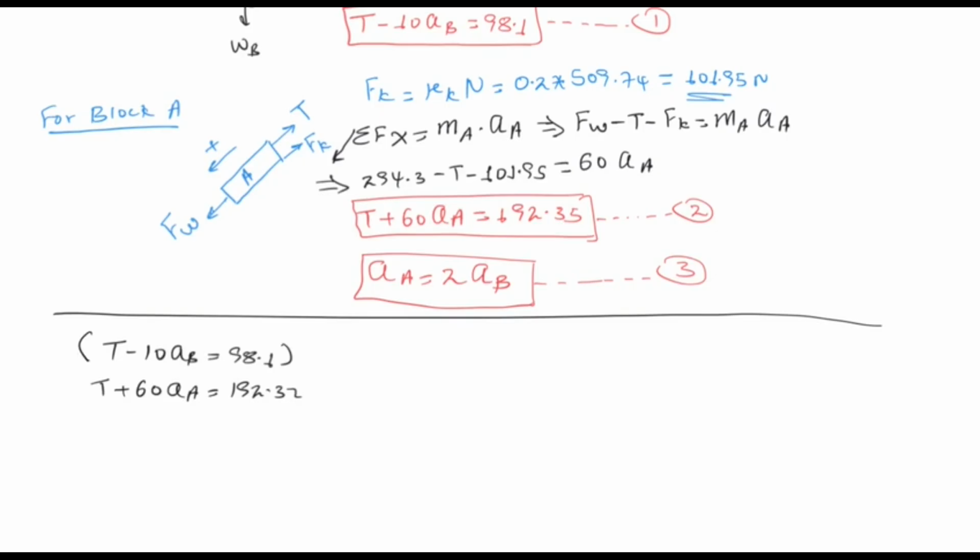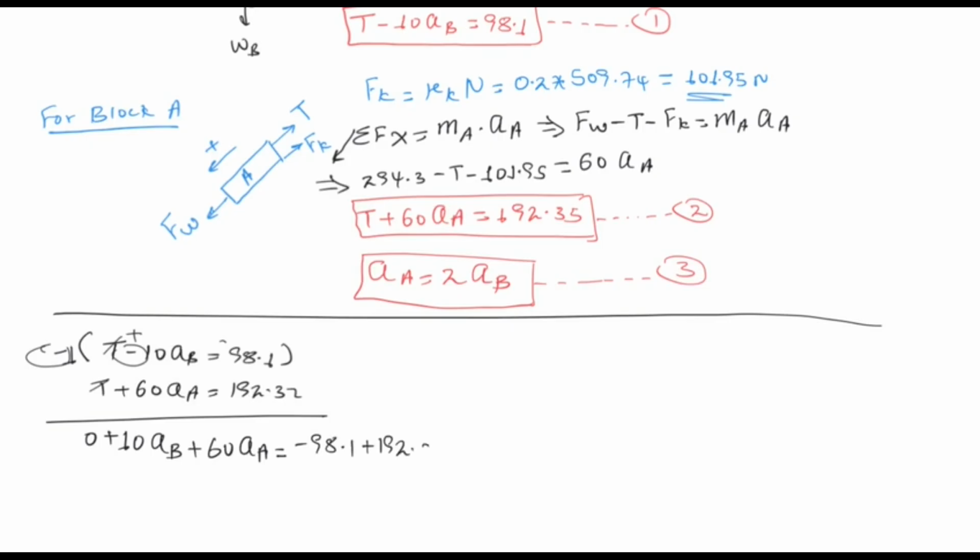Now if we multiply this by -1 and sum it with the second equation, -1 times T will be minus T, and T will cancel out. The negative multiplied by this one becomes positive, and the other part is positive. So if you sum them up, you will get 0 plus 10 times acceleration of B plus 60 times acceleration of A is equal to minus 98.1 plus 192.32.